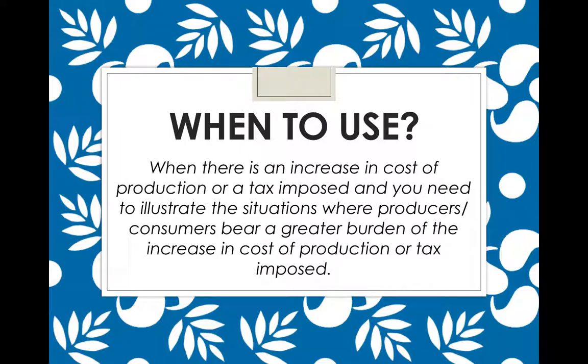If you remember in tutorial, there was a question about the increase in price of crude oil and how that has affected the market for petrol. In that question, we were also able to use these diagrams to analyze whether consumers or producers of petrol bear a greater burden. Okay, so these are the situations whereby we use these diagrams.